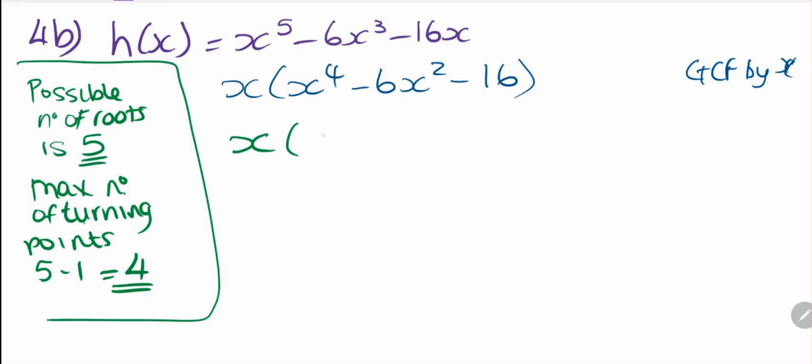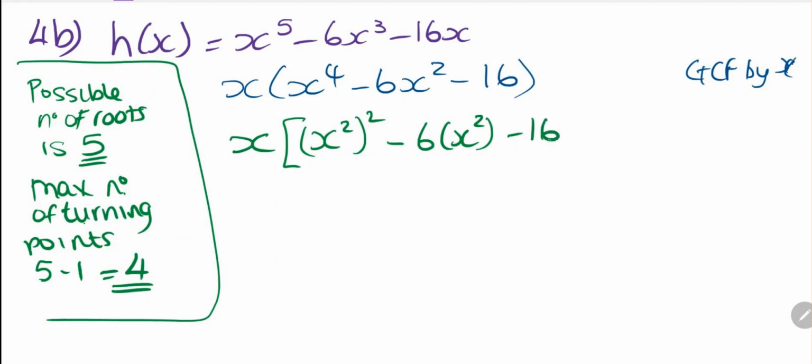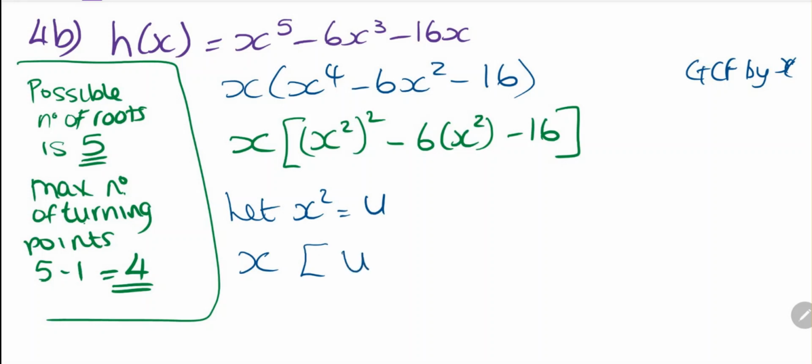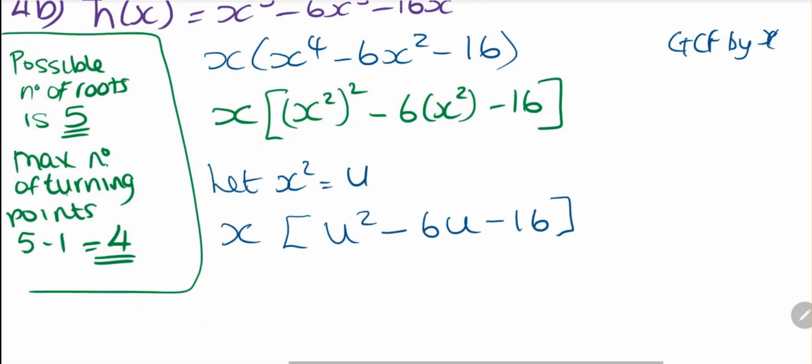So I'll have x squared, squared, minus 6x squared minus 16. And now we can replace, so we're going to let x squared equal u. So we'll have u squared minus 6u minus 16. And now we're going to factor.